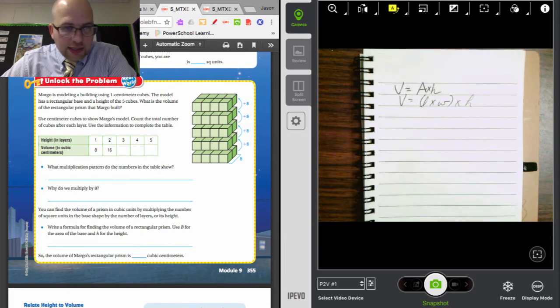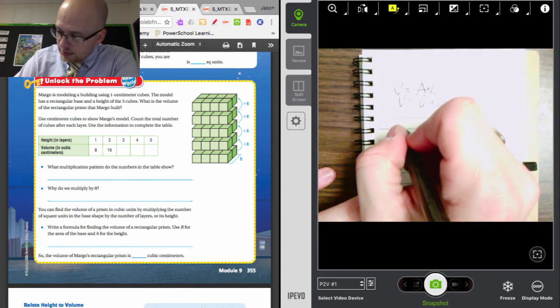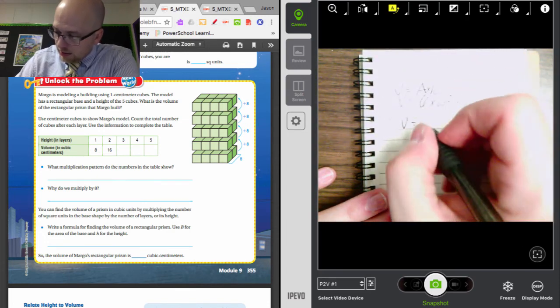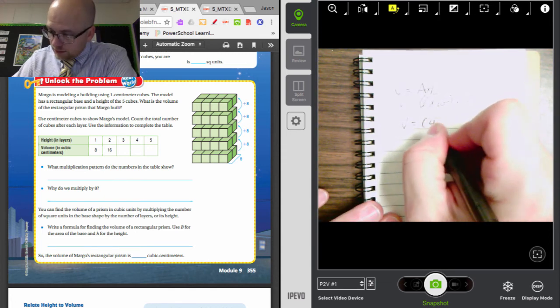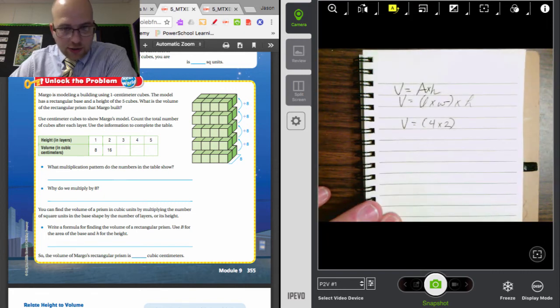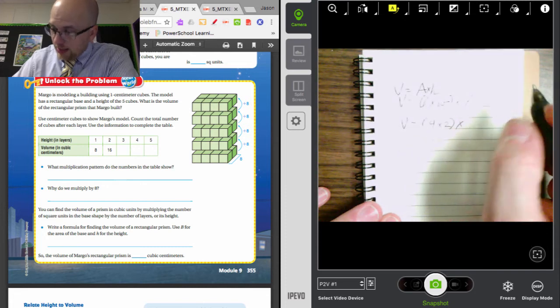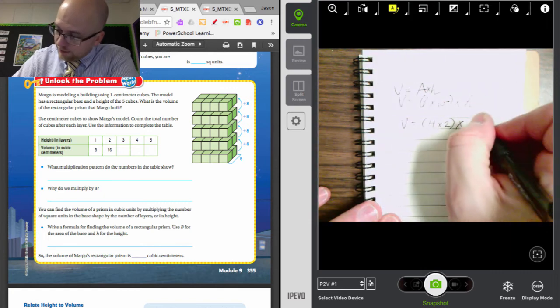So in the case of Margot's model here that she's making, we know that the area of the base, or the length times the width, is going to be 4 times 2, because you see here's 1, 2, 3, 4, and there's 2 rows of 4, times the height, which is what? 1, 2, 3, 4, 5.